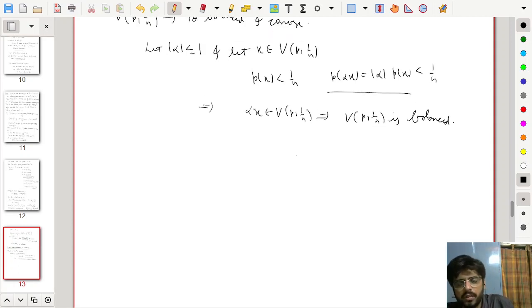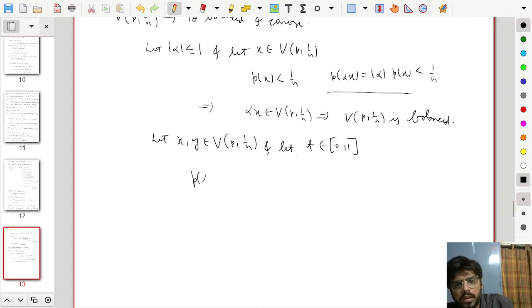Even convexity is very easy to show. Let x, y belong to V_{p,1/n}, and let t belong to the closed interval [0, 1]. Then p(tx + (1 - t)y) is less than or equal to t times p(x) plus (1 - t) times p(y), right?